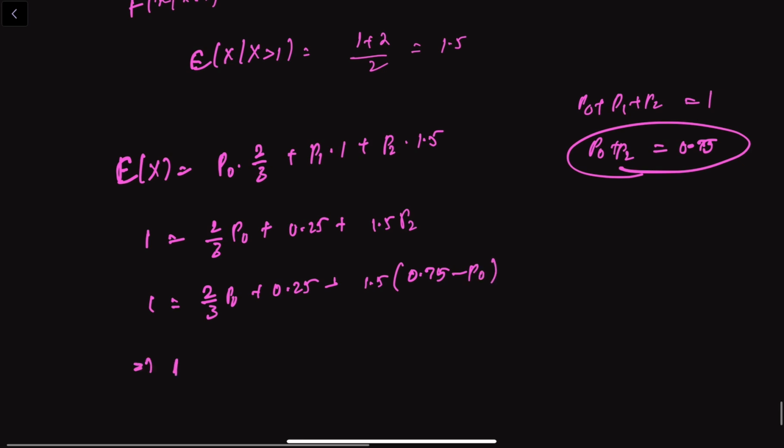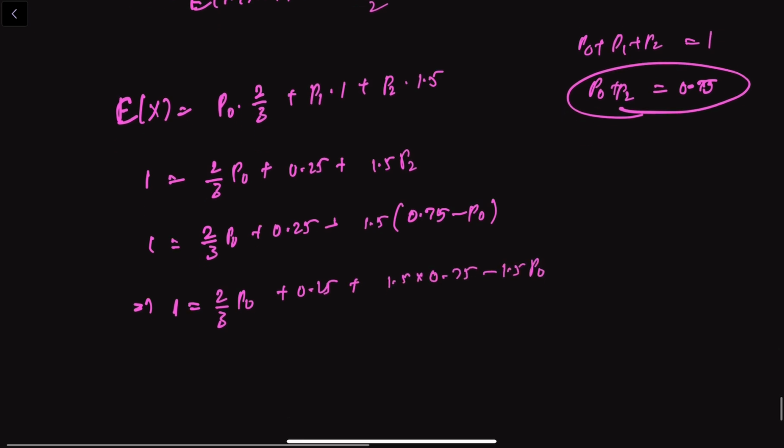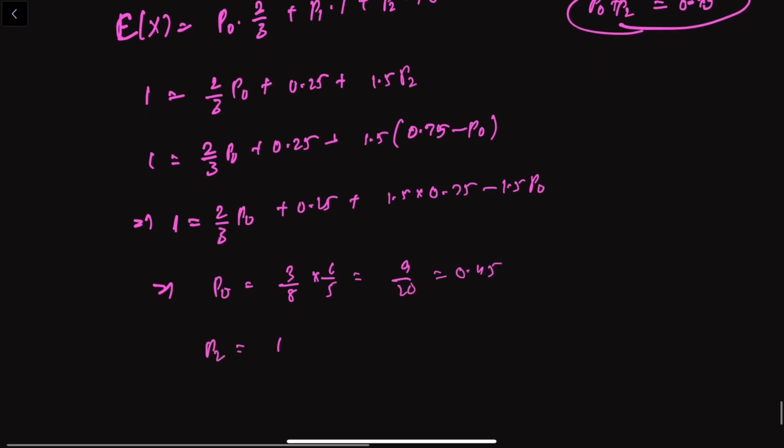So 1 equals 2 by 3 P naught plus 0.25 plus 1.5 into 0.75 minus 1.5 P naught. If we calculate, we will get P naught as 3 by 8 into 6 by 5, which is 9 by 20, which is 0.45, and P2 would be 0.75 minus 0.45, which is 0.30.